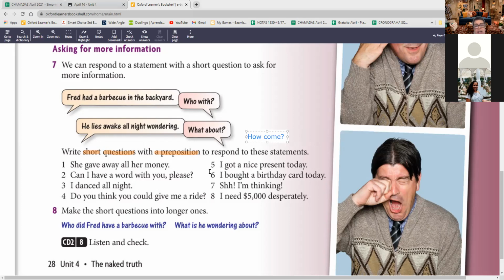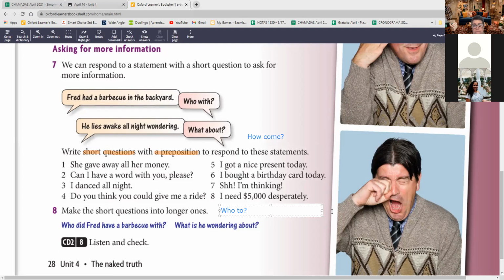So here, instead of asking how come, we could ask, for example, since we want to know who received all that money, who to?